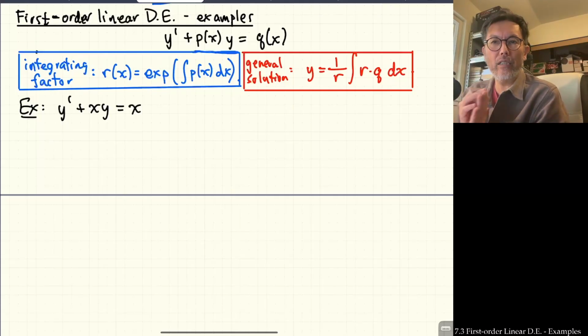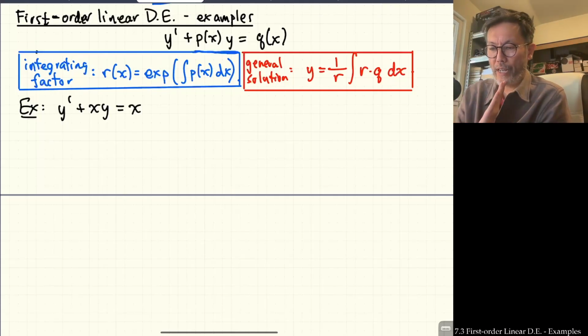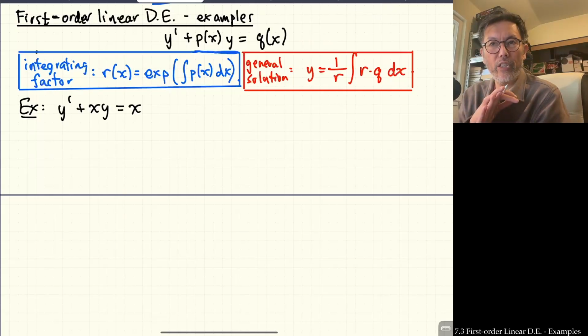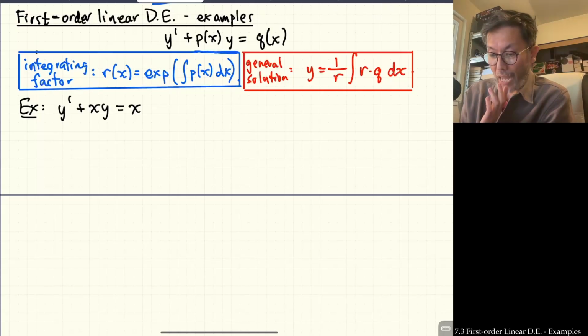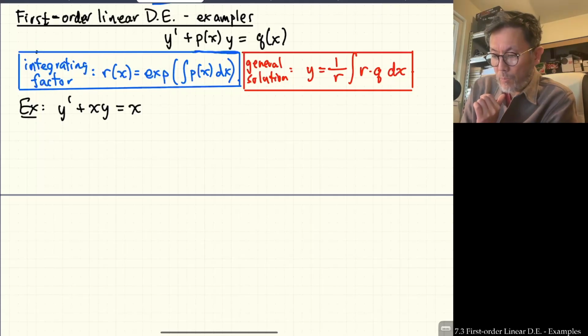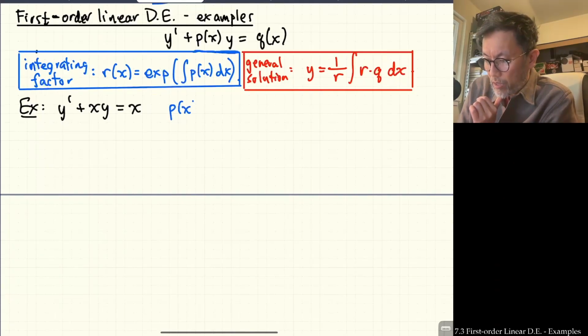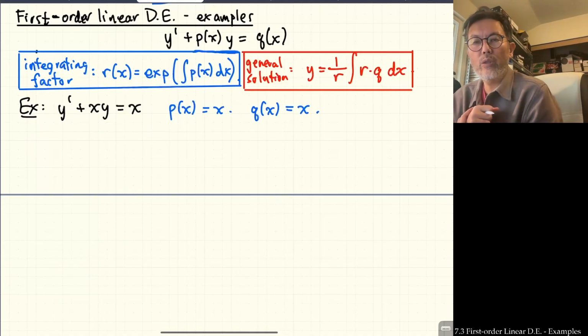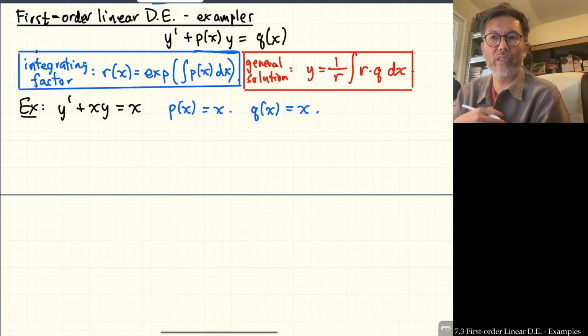It looks exactly like the general form up here. Just to be absolutely clear, we can identify that what's playing the role of p of x here is x, and what's playing the role of q of x just happens to also be x. This is just particular to this problem.